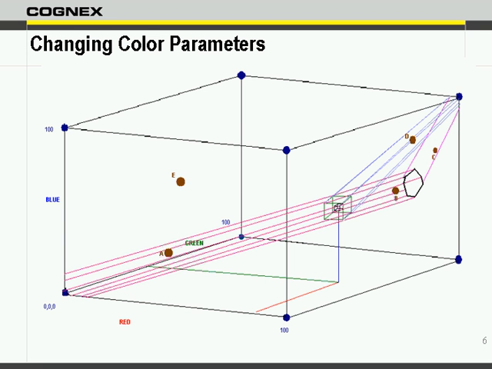Now, why do we need to know this? We will see later on that we have two main methods of learning colors, a single color learning method and a multicolor learning method. If we're using a single color learning method, we would basically learn an average color plus a little bit on each side of the red, green, and blue three-dimensional space in order to include some of that normal color variations that we mentioned before.